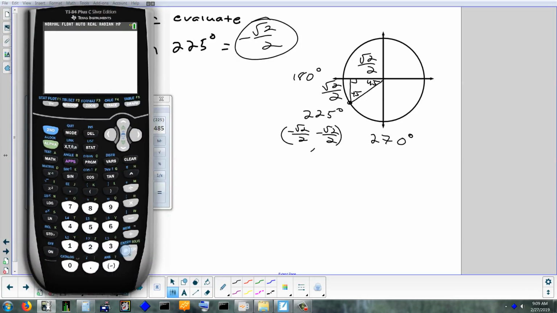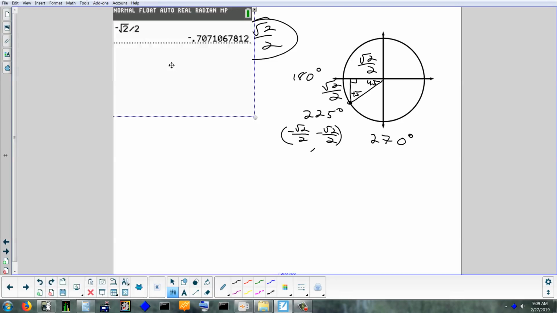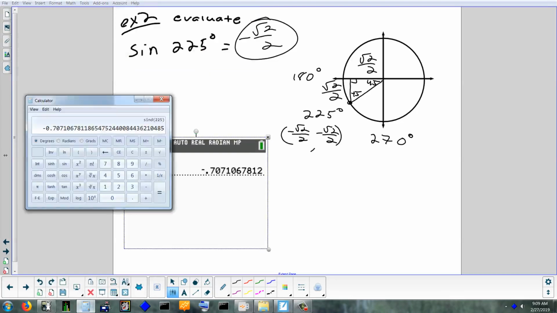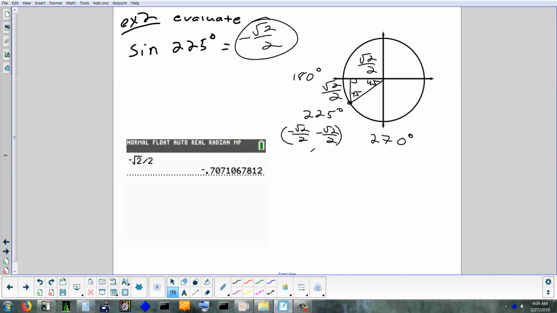I get negative 0.707. That's exactly what I got when I typed it in. It's just the calculator doesn't give me this fraction. It gives me a decimal, which we don't want. We want the fraction. That's why we do it this way. Questions on that?